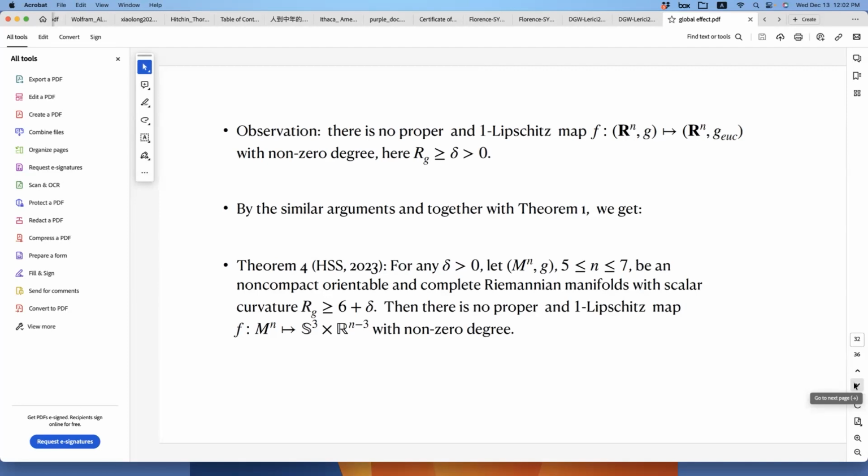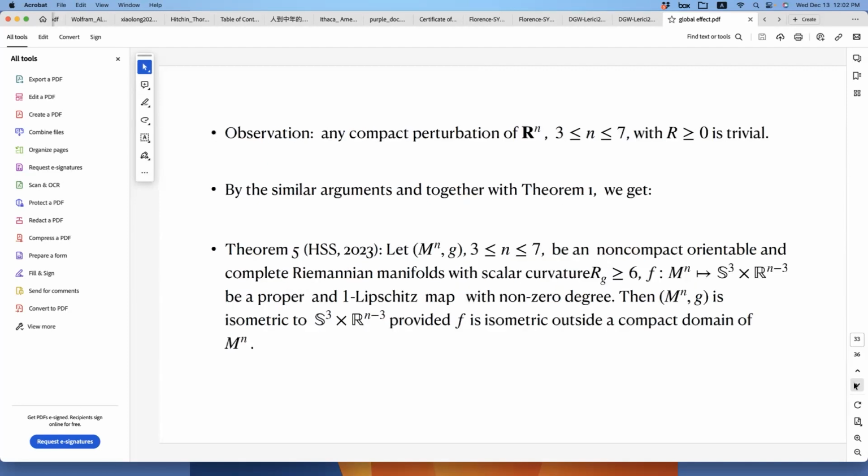Now, our third observation is that any compact perturbation of Euclidean space with non-negative scalar curvature is trivial.